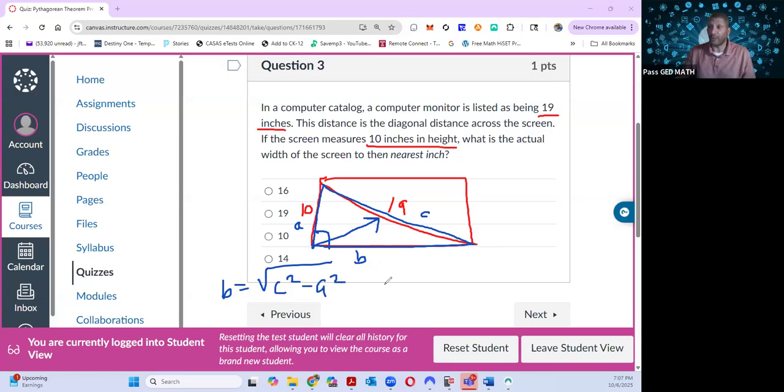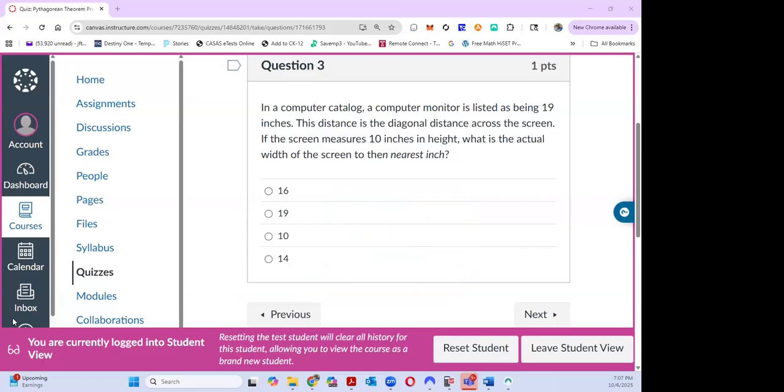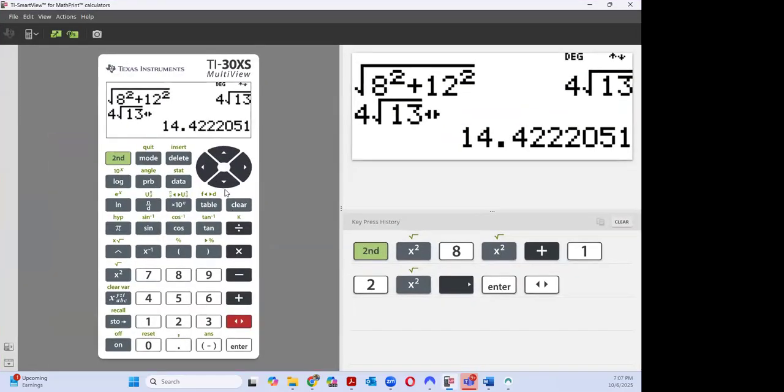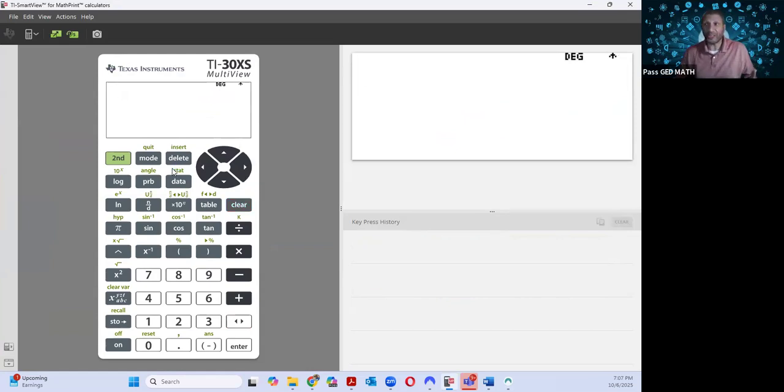Well, I need to plug them in and use my calculator. B equals the square root of 19 squared minus 10 squared. I'm grabbing my calculator. I'm not doing that by hand. I'd be all day trying to figure out what 19 squared is. Oh, I remember, square root. So as you're doing it, you're saying square root.